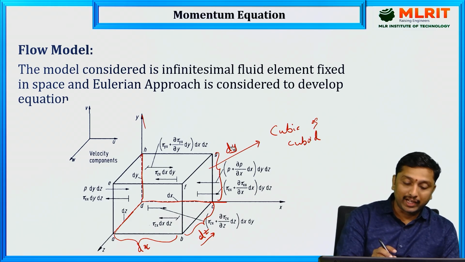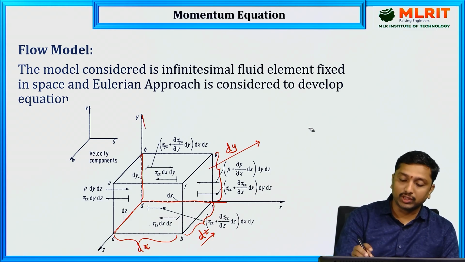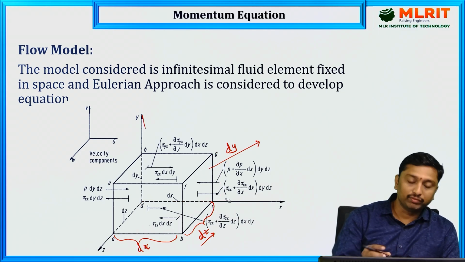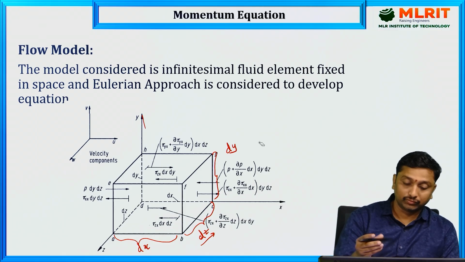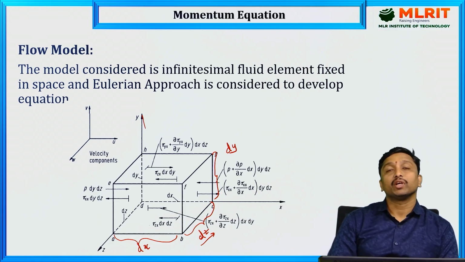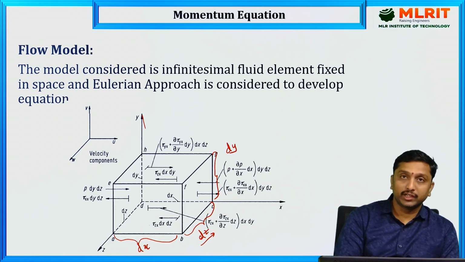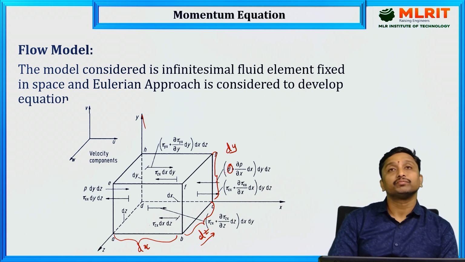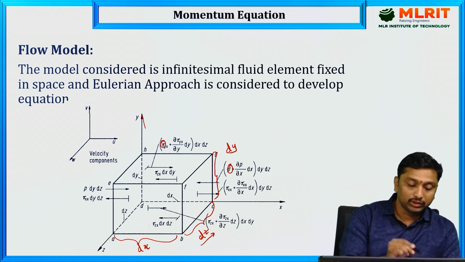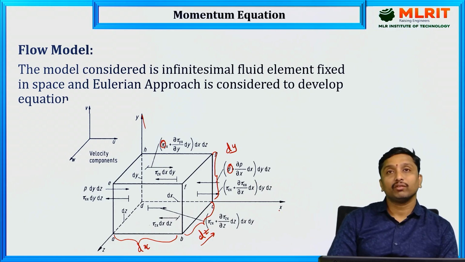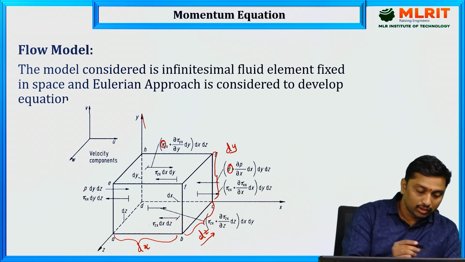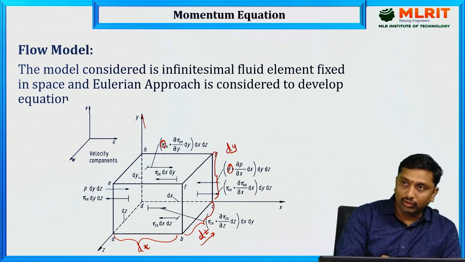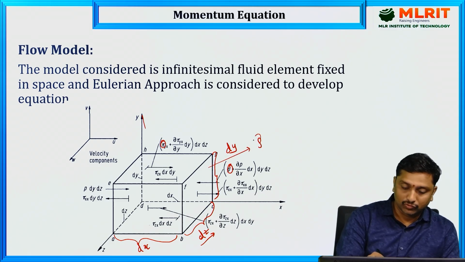One of the important aspects of this approach is that we need to understand the representation of these planes and the parameters we are going to consider. For example, we are considering here pressure P and tau, which is shear. We are emphasizing only on these two because the force system is what is more important. Along with that, you can see there is a need for density of the model.